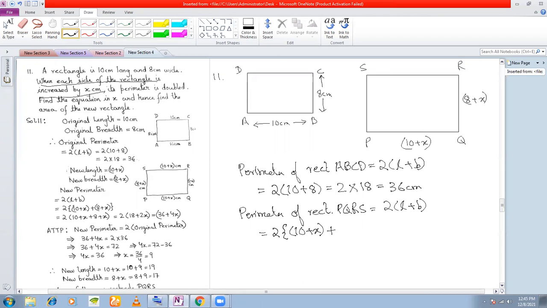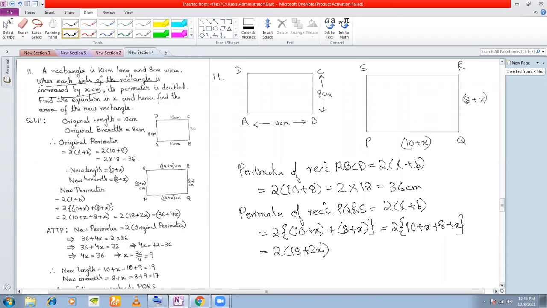And what is the breadth? 8 plus x. Simplify this a little. Twice, open the brackets, 10 plus x plus 8 plus x. So this is going to give you twice, 10 plus 8 is 18, and x plus x is 2x. Right? So we're getting the perimeter of the new rectangle as this.